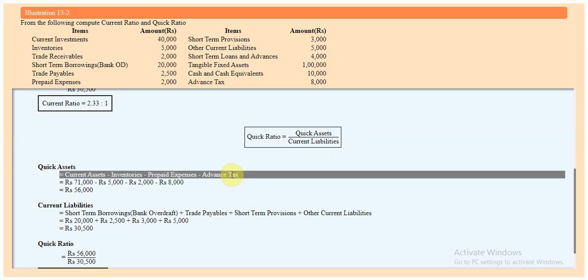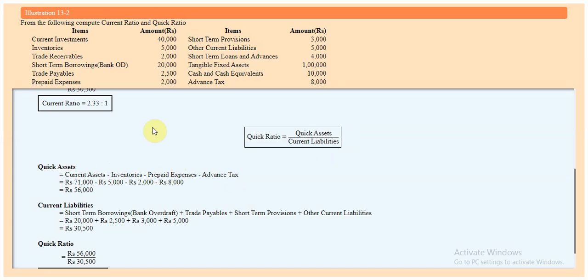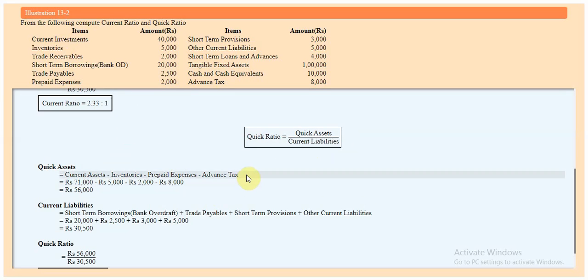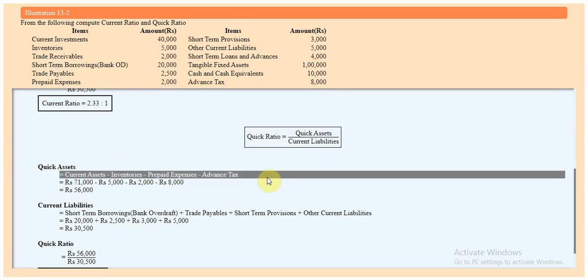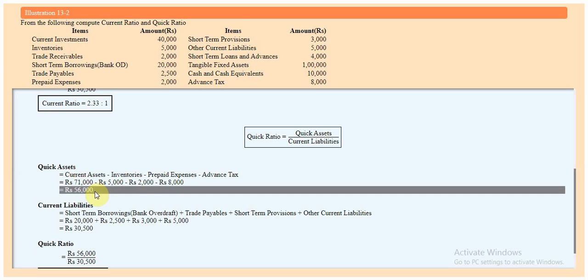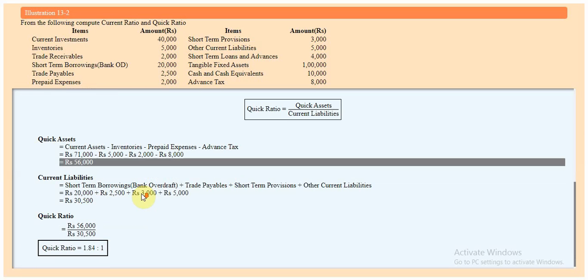We also had another exclusion, that is accrued income. Here there is no accrued income, so nothing has to be deducted for it. So inventory, prepaid expenses and advance tax are deducted from current assets, and we have quick assets equal to rupees 56,000.